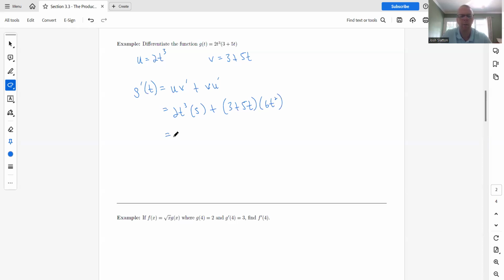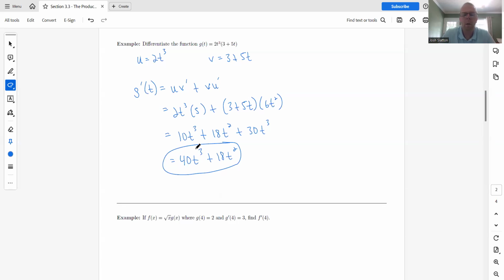And so now this one we do have to simplify a little bit. So 2t cubed times 5 would be 10t cubed, plus, now distribute the 6t squared here, so we have 18t squared, and then plus 30t cubed. Combine our like terms, and we get 40t cubed plus 18t squared.